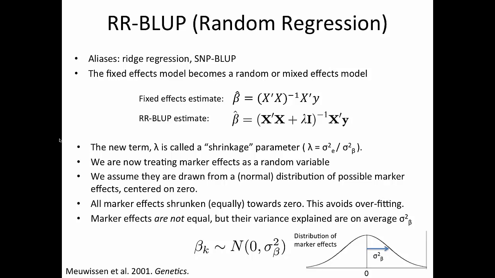With ridge regression, we just add one new term, lambda, which we call a shrinkage parameter. It's defined as the ratio of the error variance to sigma squared beta, that is, the variance in marker effects. I'm going to try to give you an intuition of what this is doing.